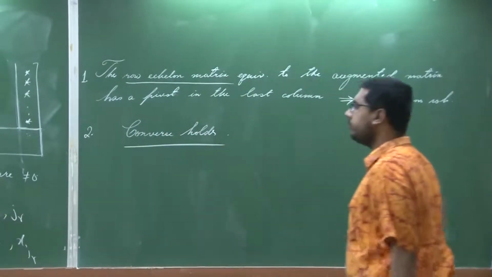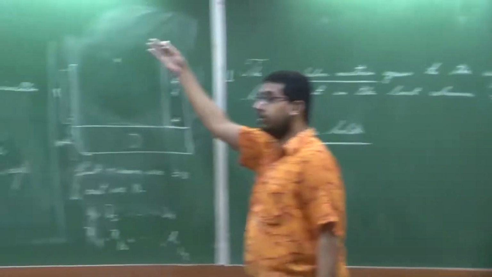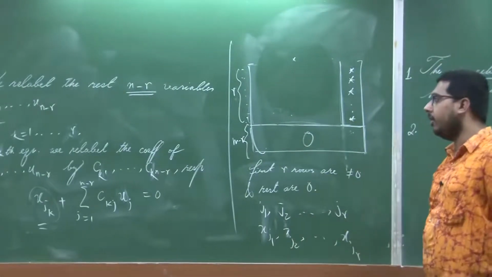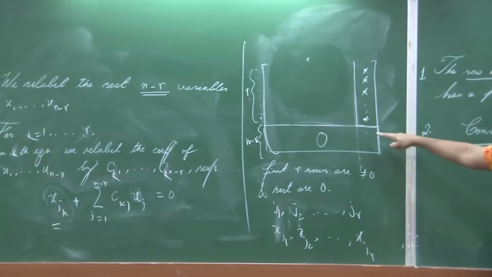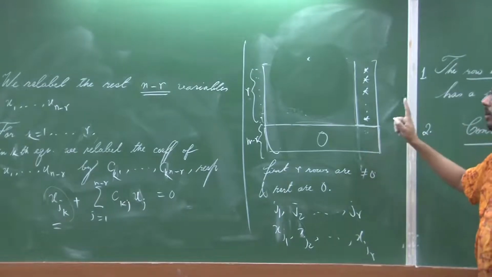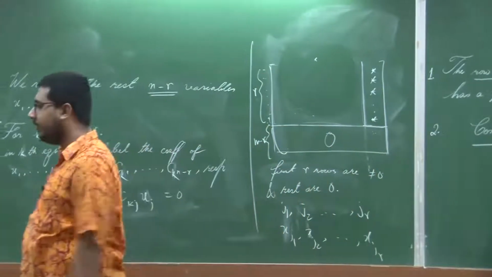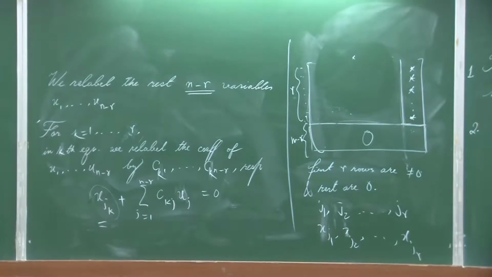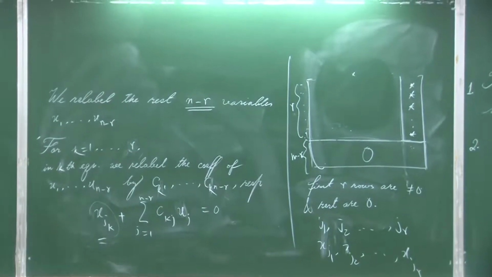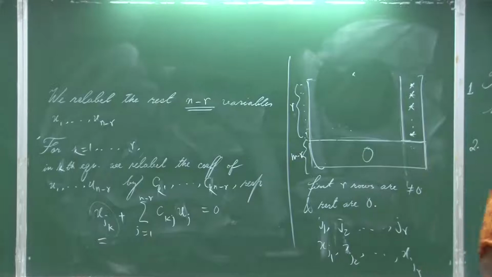Okay. Let me again repeat. Given a system, we consider its augmented matrix and reduce it to a row echelon form. If that row echelon matrix has a pivot in the last column, then the row corresponding to the pivot gives an inconsistent equation, in the sense that it does not have a solution.